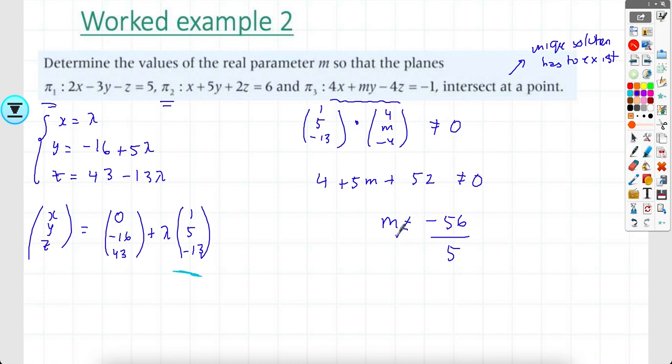Sorry, m cannot be equal to negative 56 over 5. So the values of m, so that the plane intersects at a point, it's m, all the real numbers, but m cannot be equal to negative 56 over 5. So that's the solution to this.